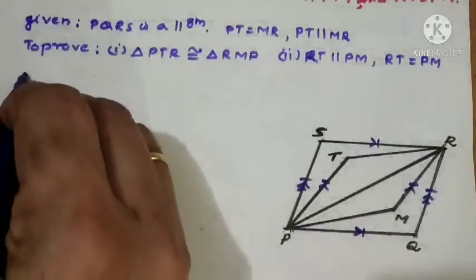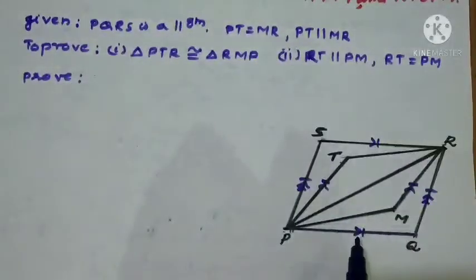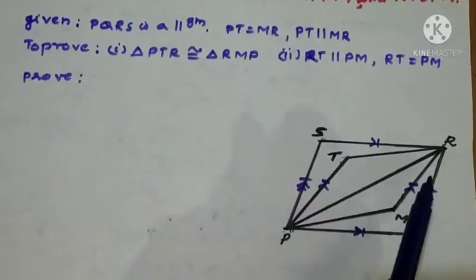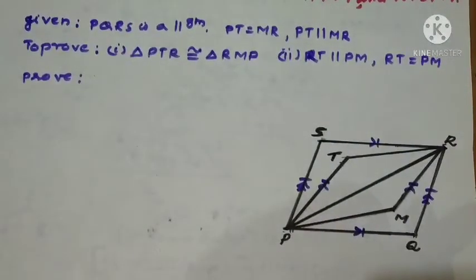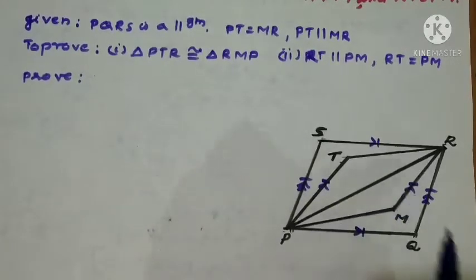Now proof. See, PTRM is definitely a quadrilateral from the diagram itself. In a quadrilateral, if one pair of opposite sides is equal and parallel, it's a parallelogram only.